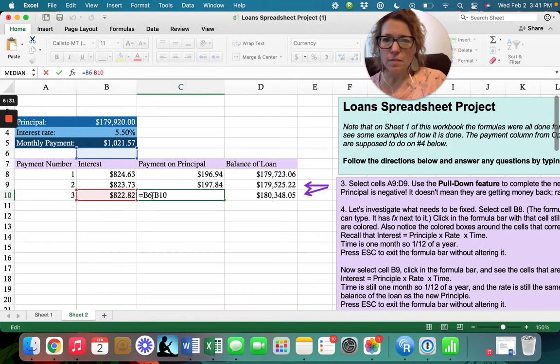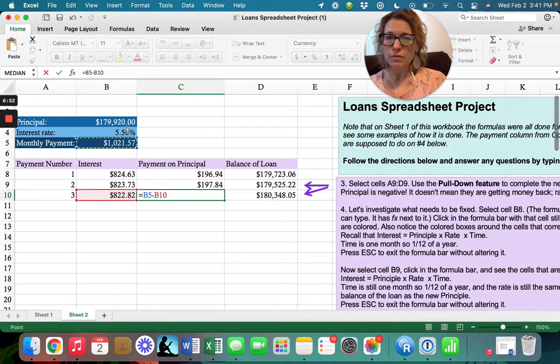So this B6 needs to go back to being the monthly payment, and I don't want that to move down every time. When I'm on a new row, yes, I do want the interest to move down for each row, but I always want to be going back to the same monthly payment.